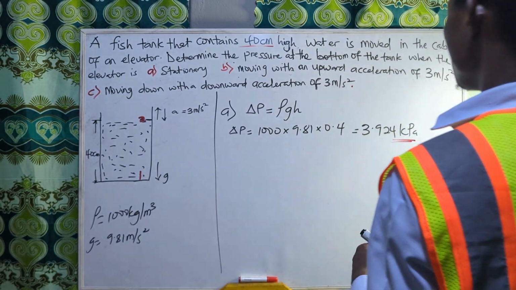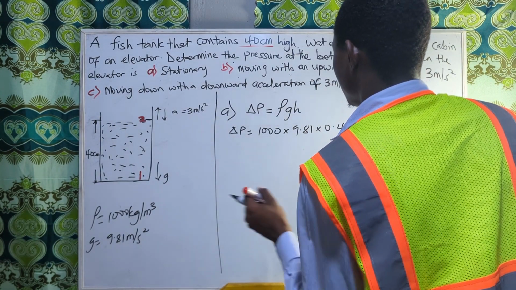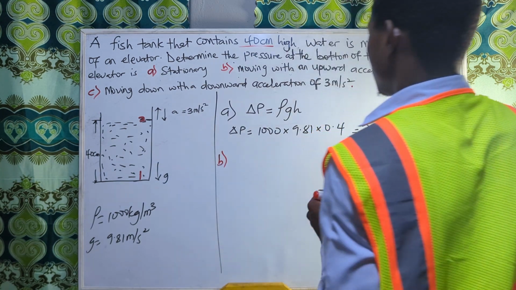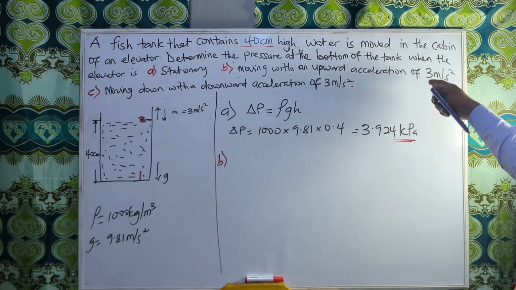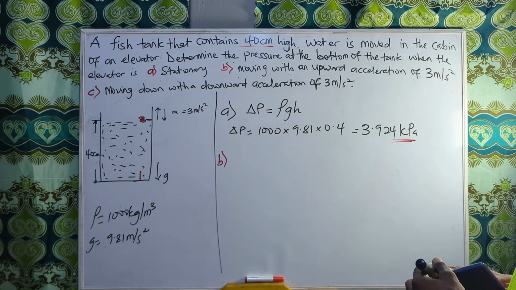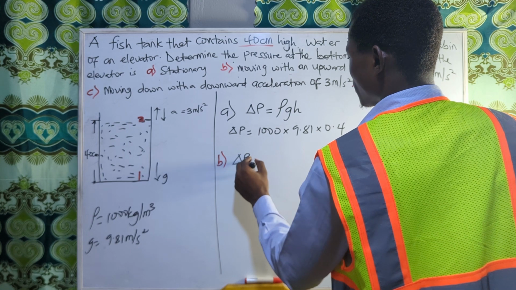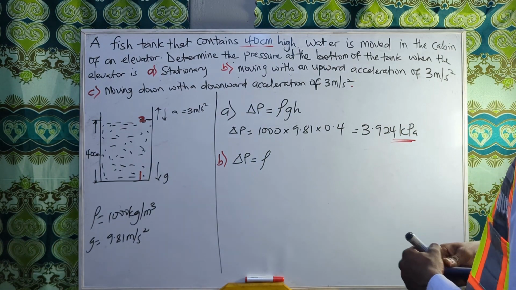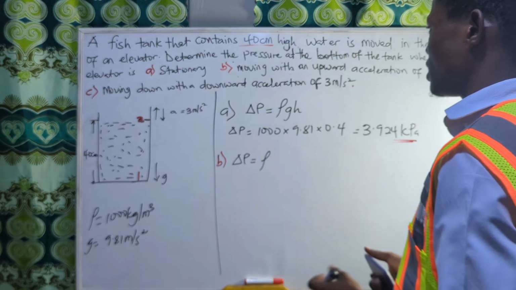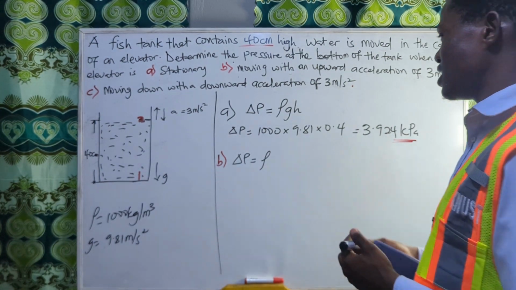Now let's move on to the B, moving with an upward acceleration of 3 meters per second squared. So this is how the equation is going to be. For our rho, it will be constant because we have to assume that the water is incompressible, so there will not be any change in density.